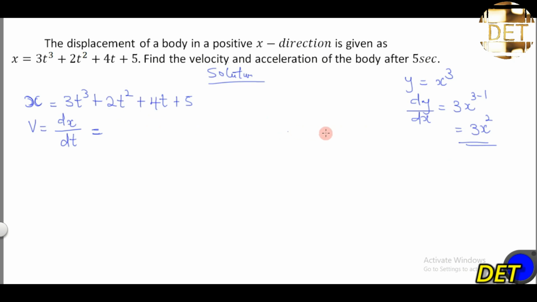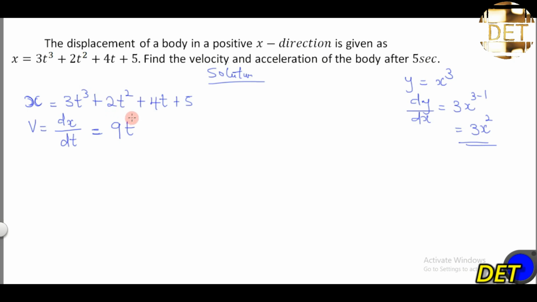So if we apply that, this is the general principle of differentiation, right? If we apply that principle here, my dx over dt will be equal to, I will use this power of 3 to multiply this 3t. So that will be 3 times 3t, which is 9t, right?